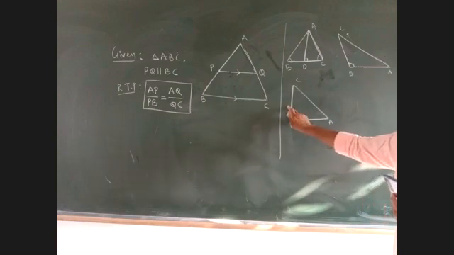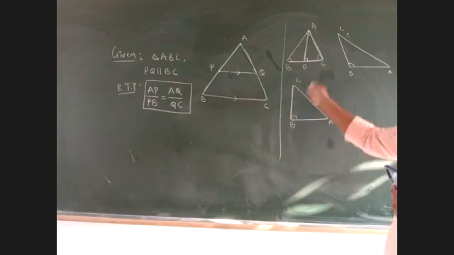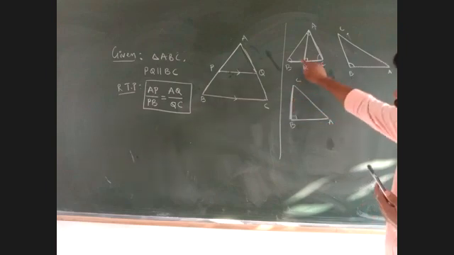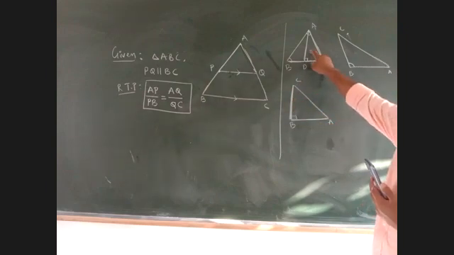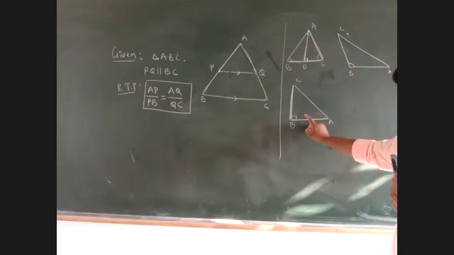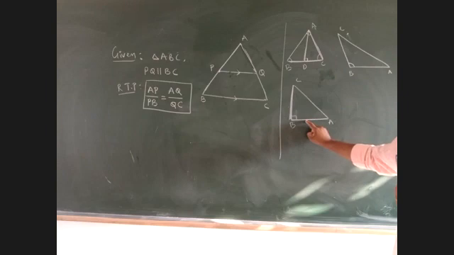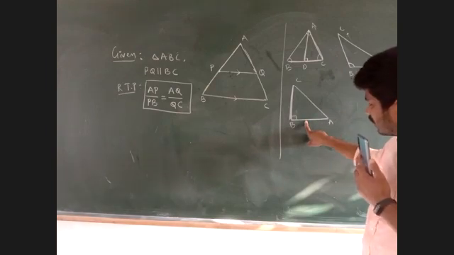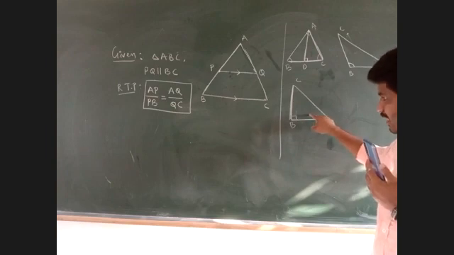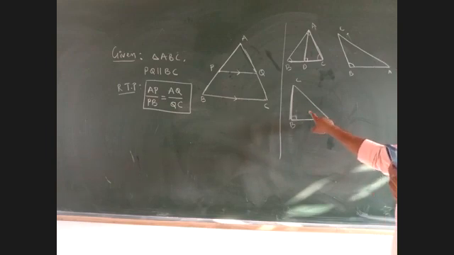Here, in a right angle triangle, the height is on the triangle. So BC is nothing but the height of the triangle. If you take an acute angle triangle, the height of the triangle should be inside the triangle. If it is a right angle triangle, where is the height?